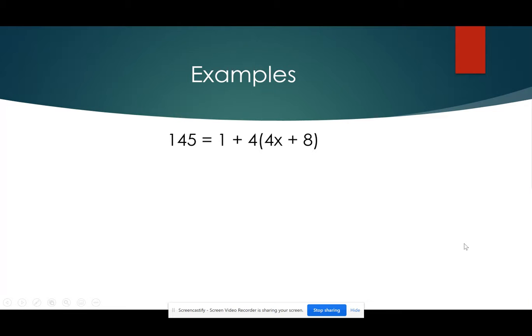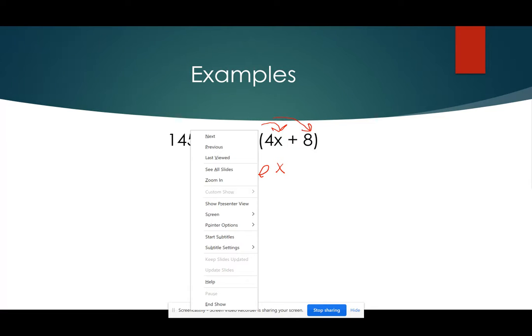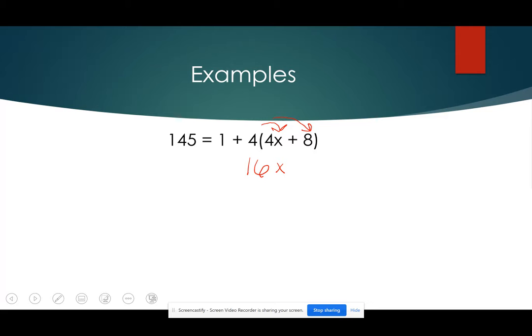So for this first one, we have 145 equals 1 plus 4 times the quantity 4x plus 8. So you have to distribute first in this one. So we're going to do 4 times the 4x gives us 16x. And 4 times 8 is 32.